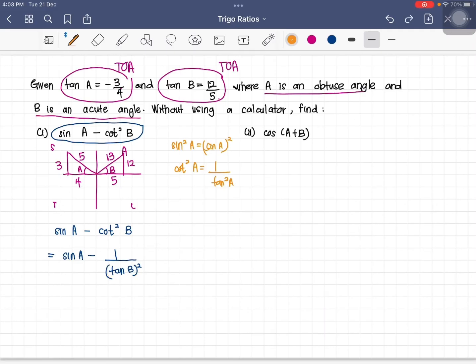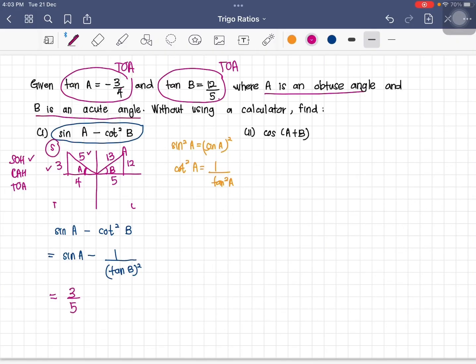You can try to find this one. Sine of A, look at your A, sine is positive. TOA will be used quite a lot here. Sine is opposite of A, which is 3 over 5. Is it positive or negative?